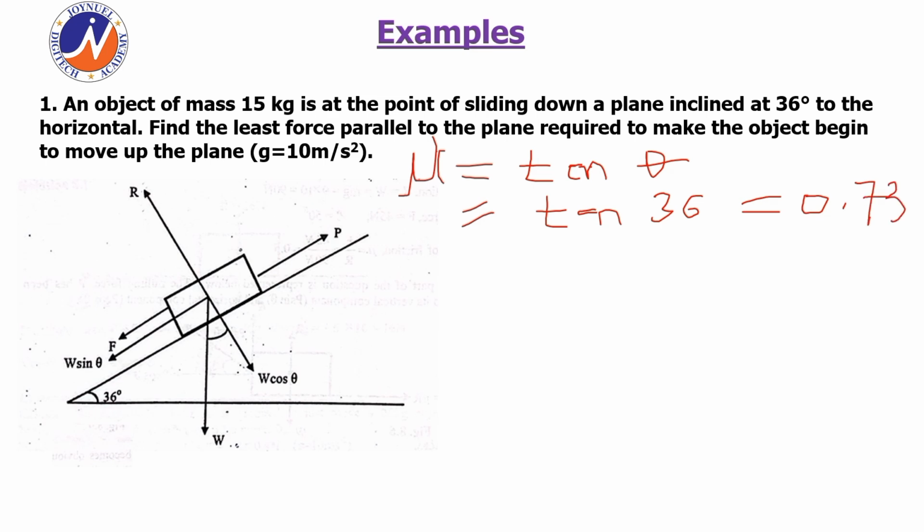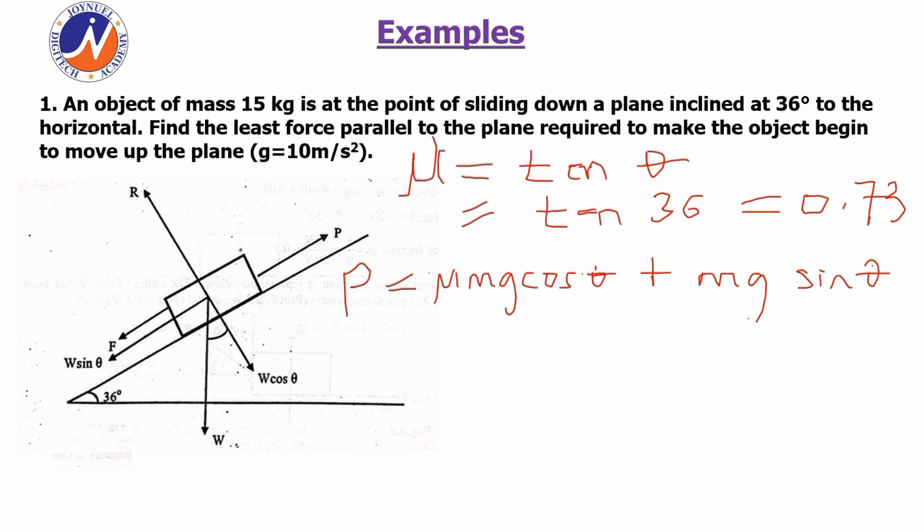So let's now put everything in our formula that P is equal to mu mg cos theta plus mg sin theta.